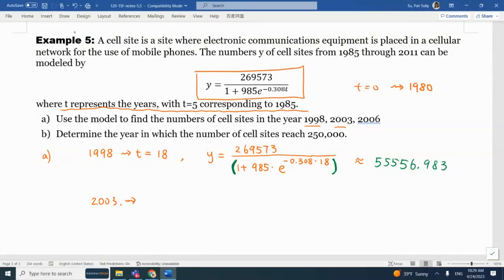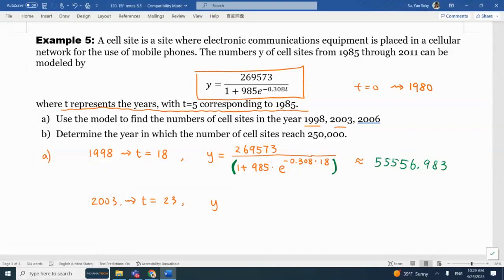2003. 2003 corresponds to t equals what? 23. Yes, very good. So, everybody, you don't need to type the whole thing again. Do you know that option you can go up to the previous line? You see that arrow?